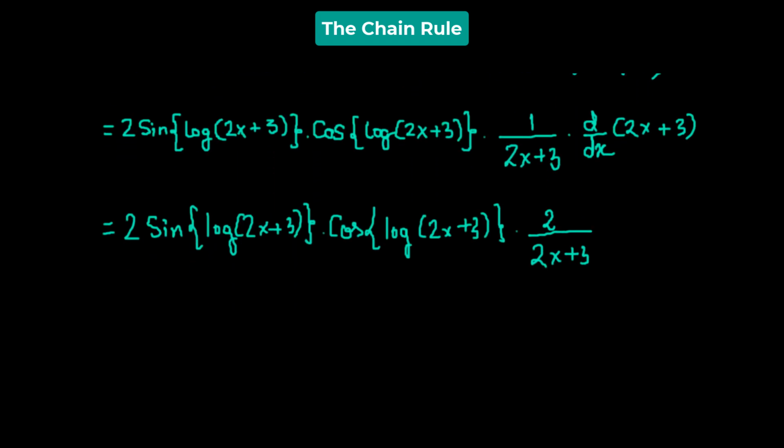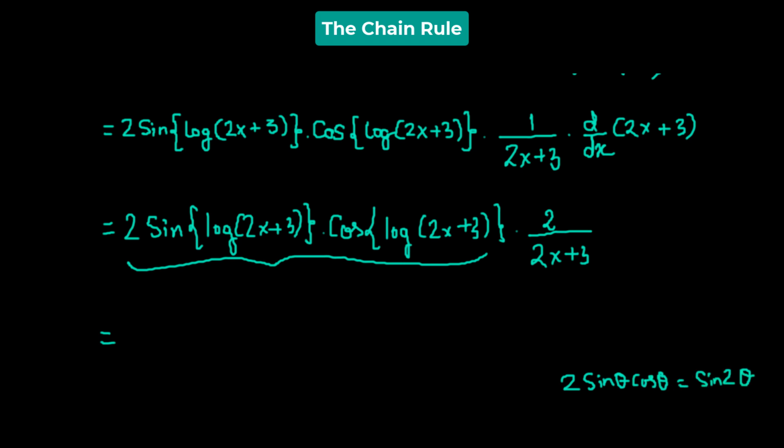So finally we get 4 over, so here what we can do is this is an identity: 2 times sine theta times cosine theta is equal to sine of 2 theta.